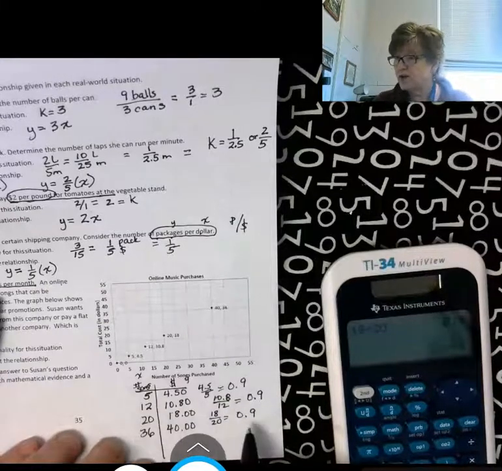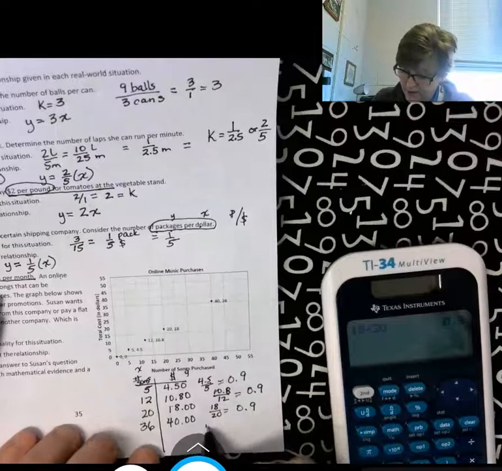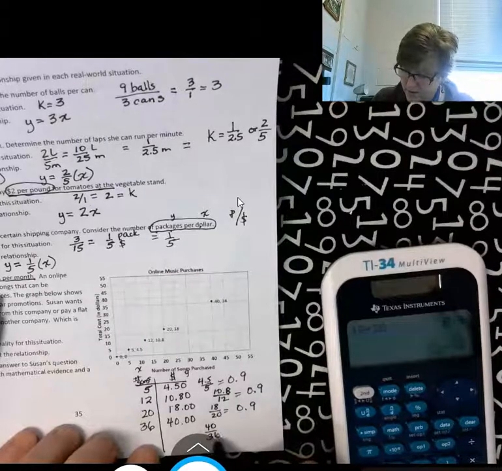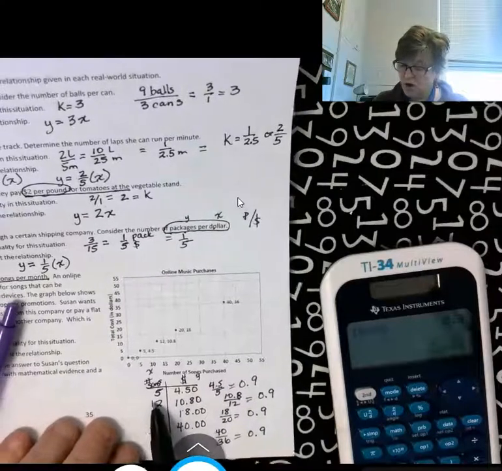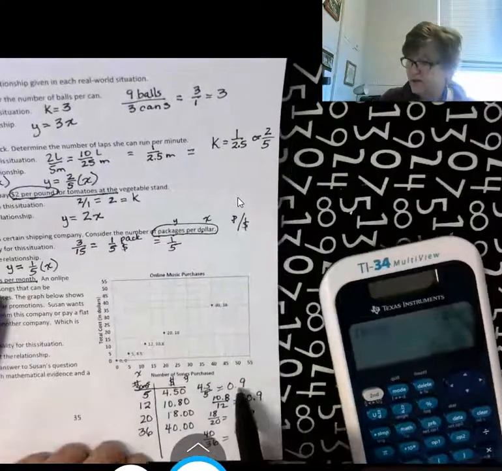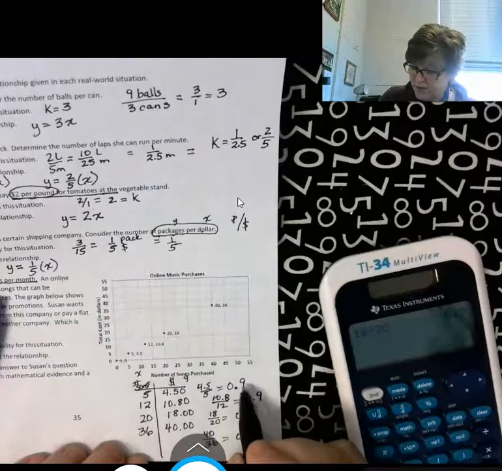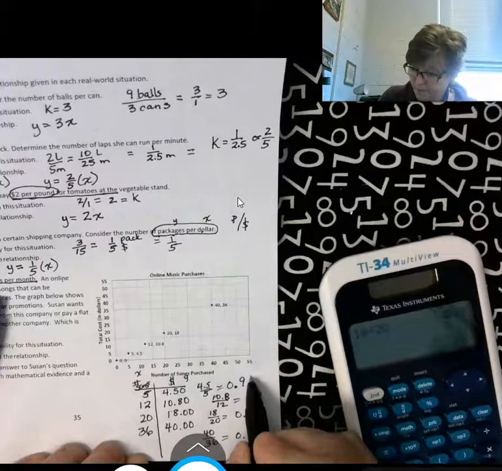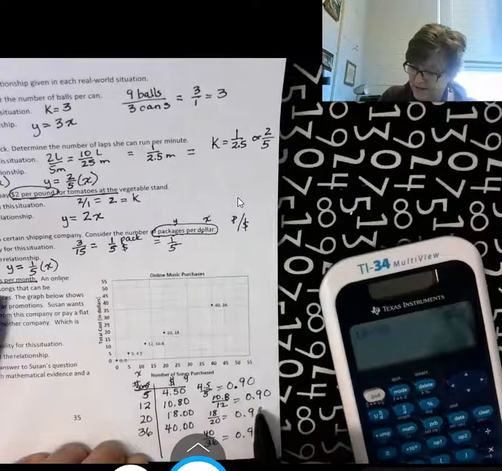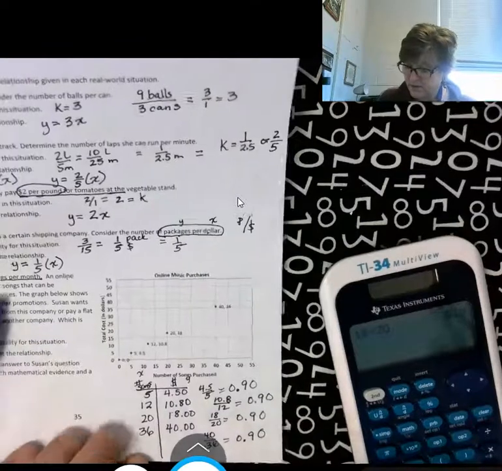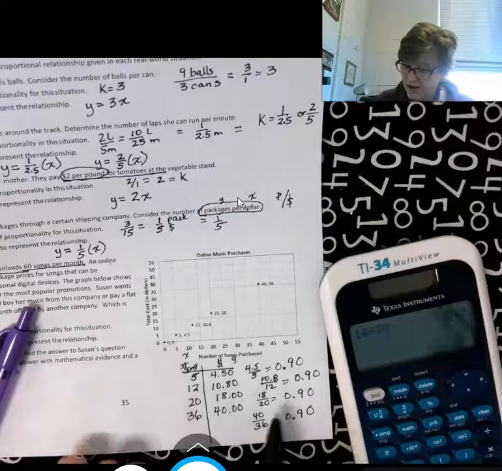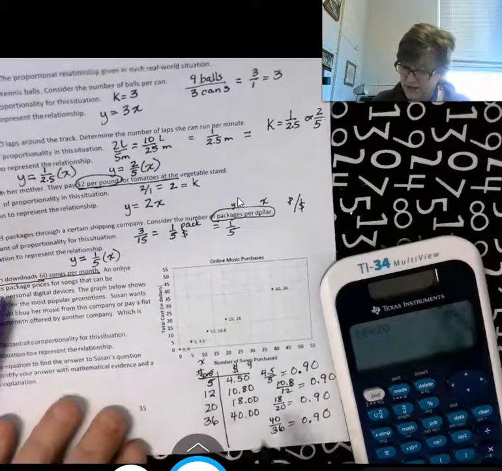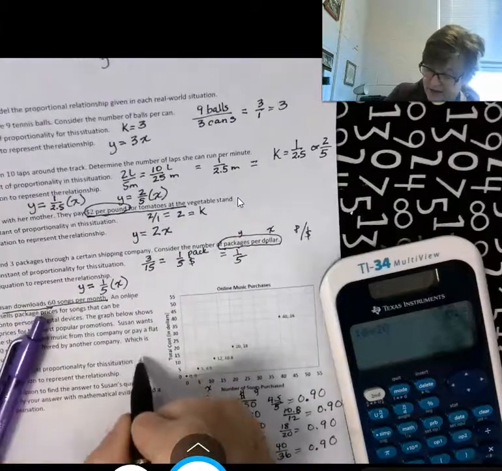And of course, since we're talking about money here, it means that each song is costing, what does decimal 9 mean in money? 90 cents. Okay, so currently she has a constant rate of 90 cents.